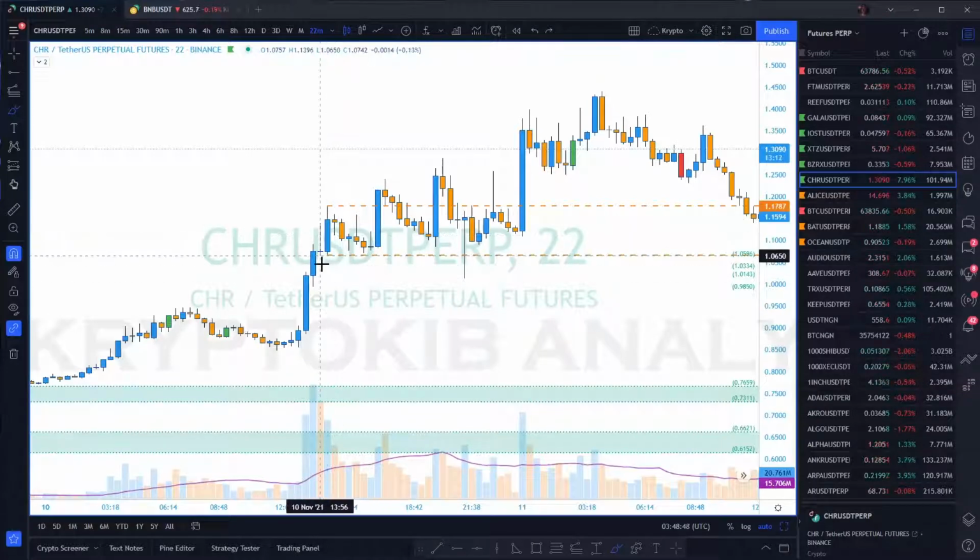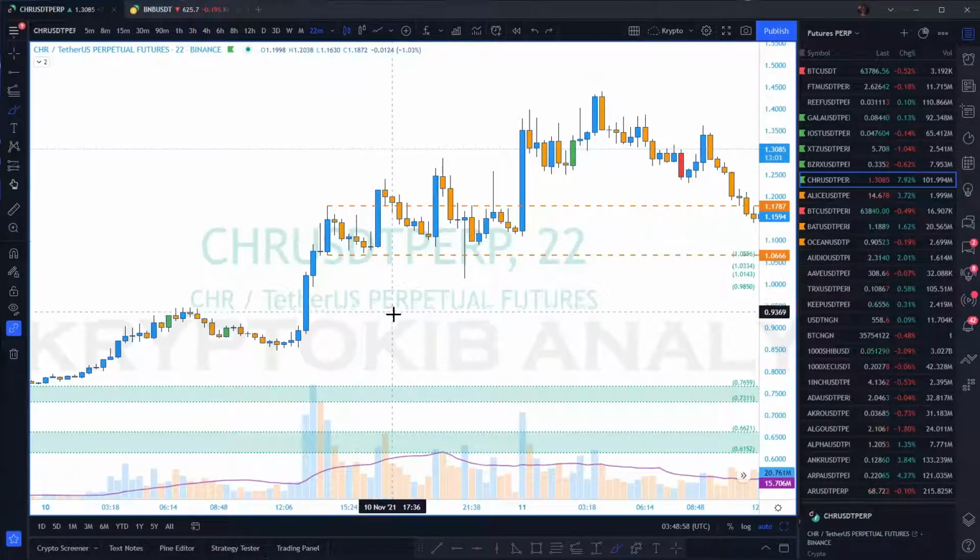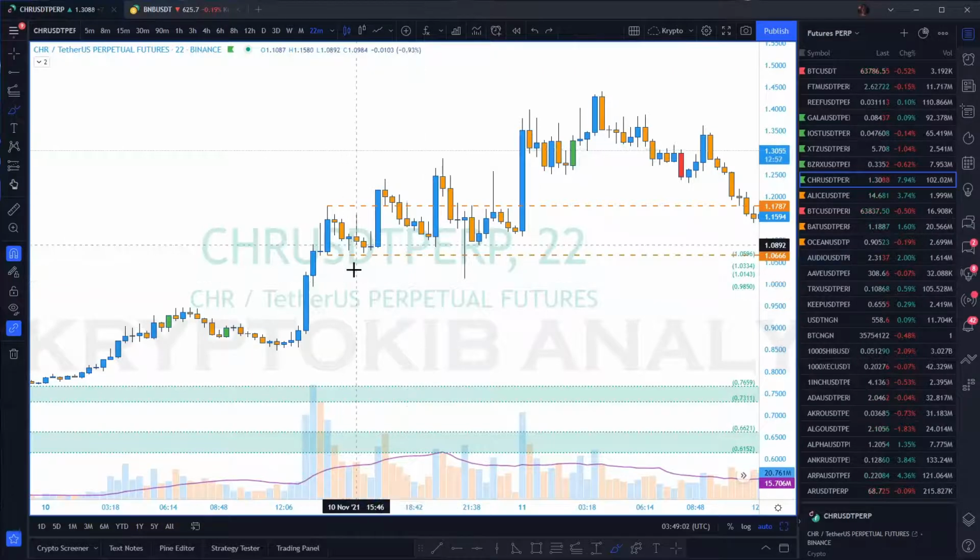So there is a lot of liquidity also resting below here. So if we have a wick into it and then closing back above this, then that is probably a liquidity grab. So the correction may be very minute and then we continue back up.